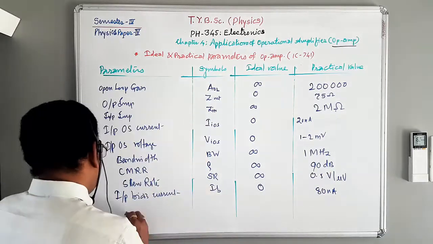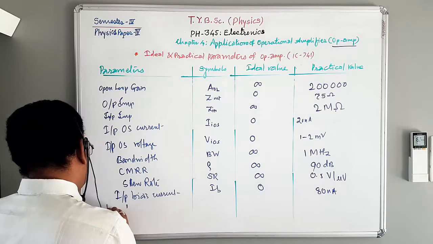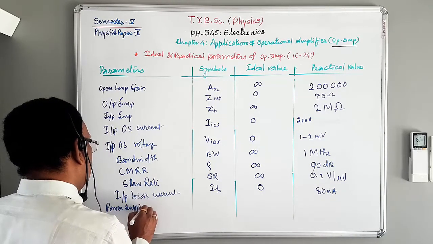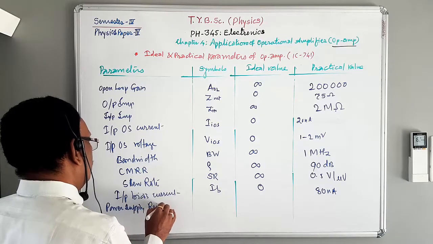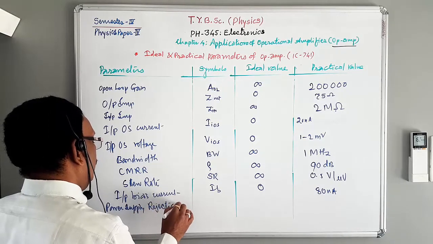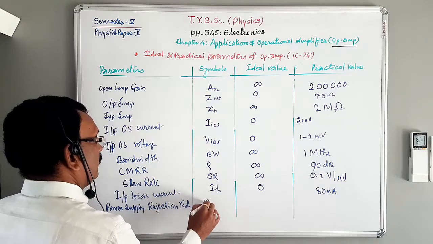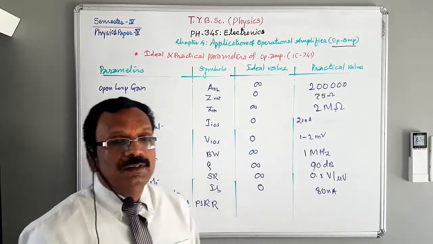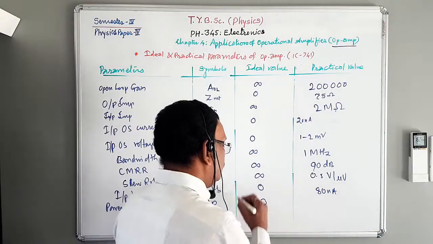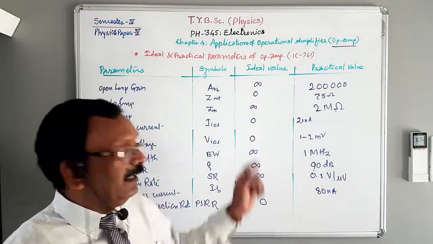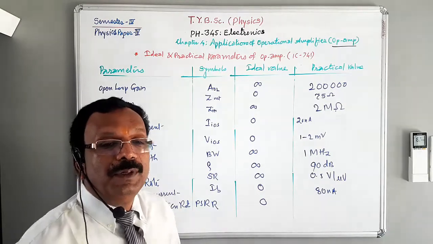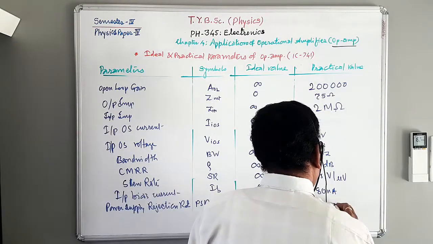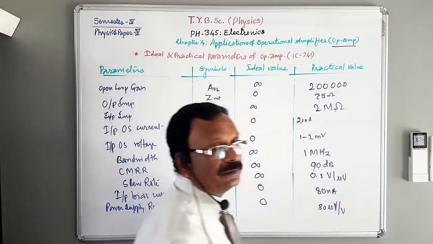Then power supply rejection ratio, PSRR. Ideally it is 0, but practically it is very low, that is 30 microvolt per volt.